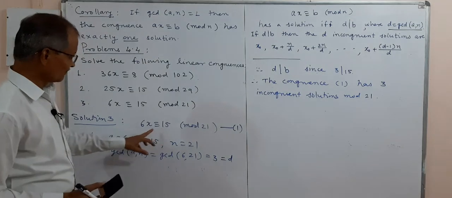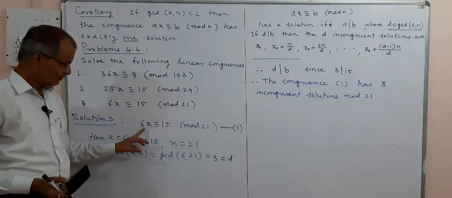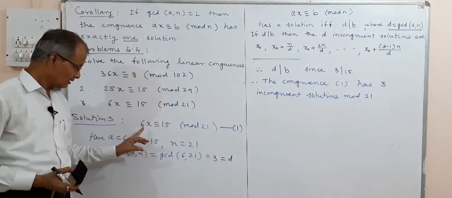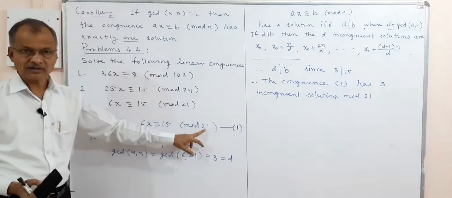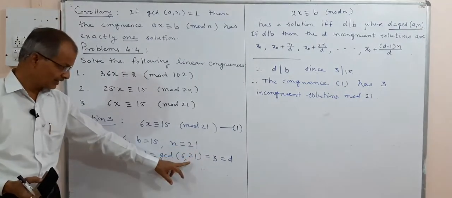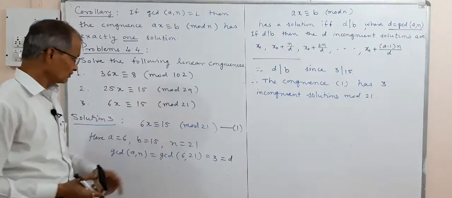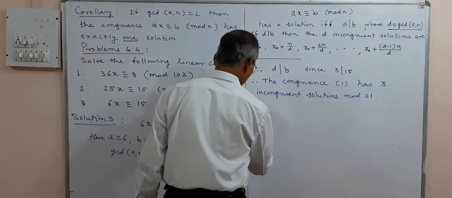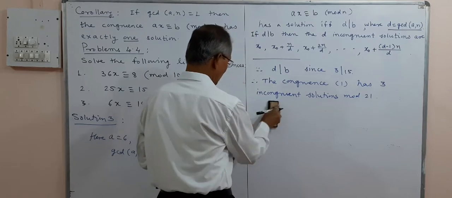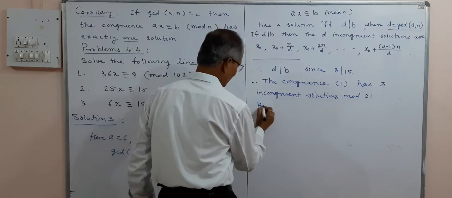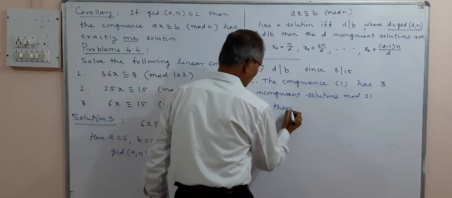Now again we see 1. Here we can divide this by 3 on both sides, and also we have to divide 21 by 3 because the GCD here is 3, not 1. So 1 implies, by theorem 3. What is theorem 3?